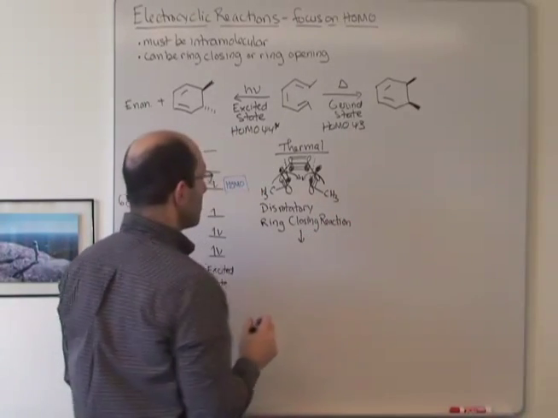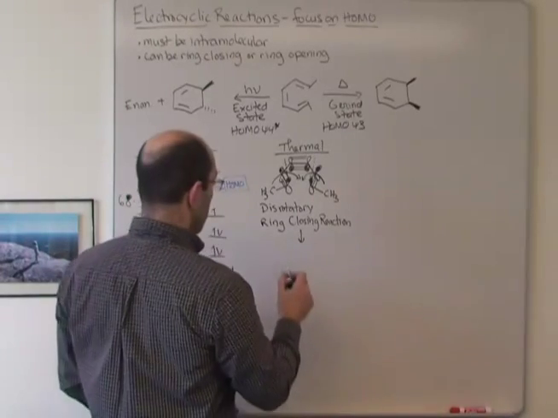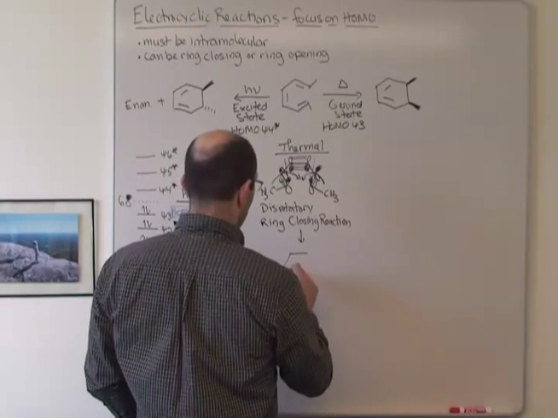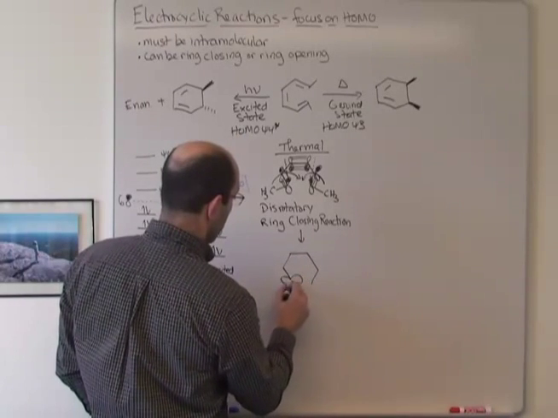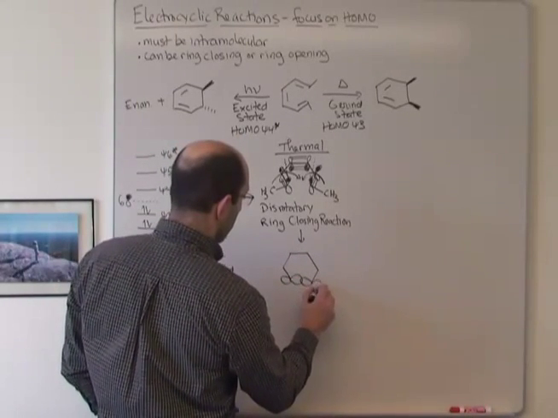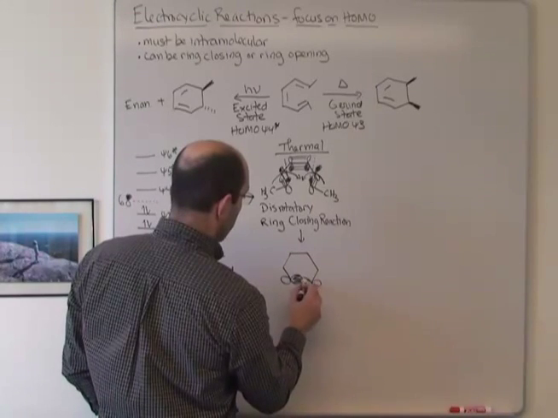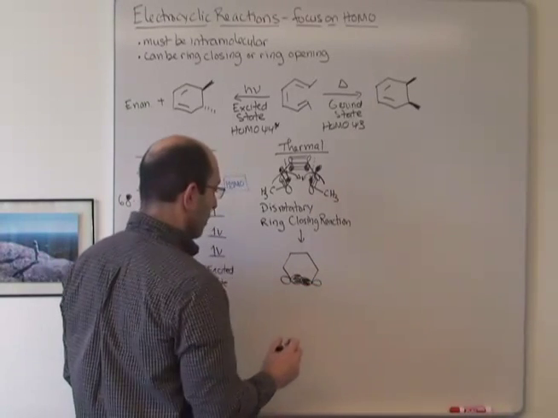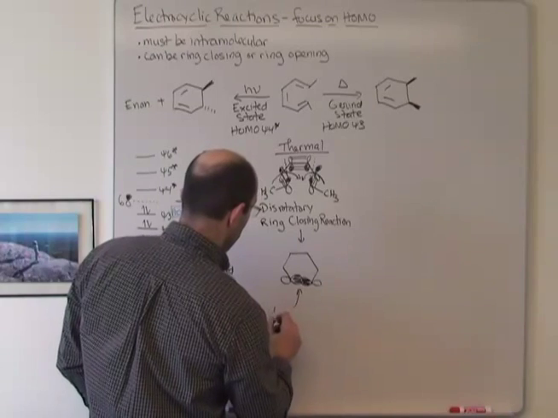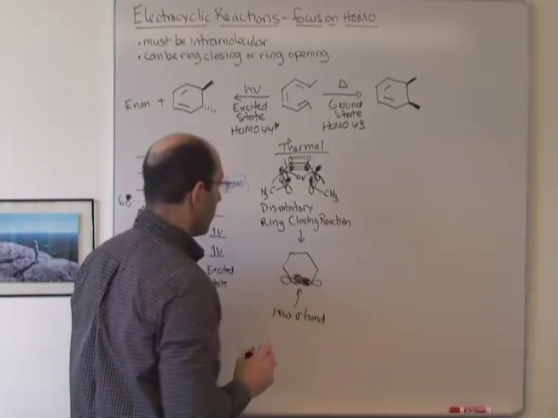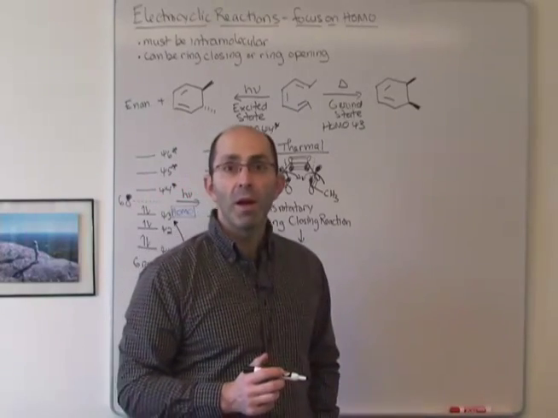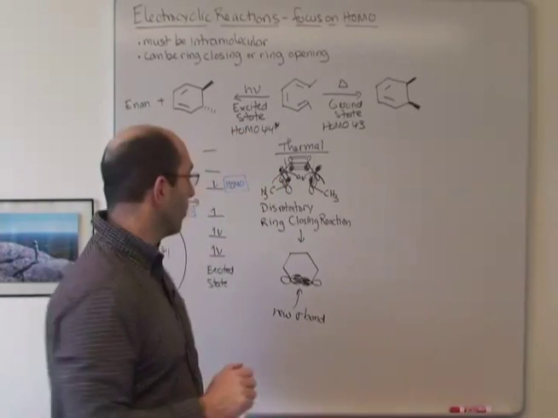And if we draw the result just focusing on that sigma bond, we can see that we have constructive overlap, right? This is our new sigma bond, right? Those orbitals will rehybridize and become hybrid orbitals, not p orbitals.